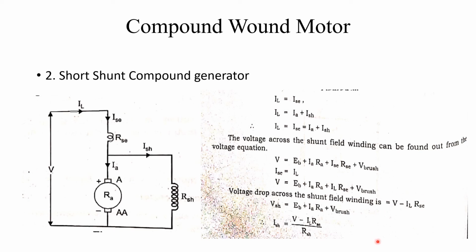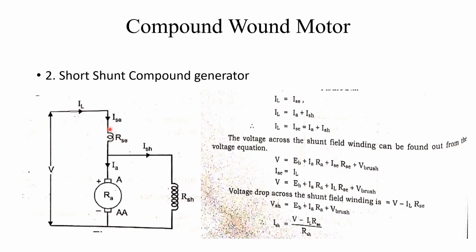Short shunt means that the shunt resistance is in parallel with only the armature, not with RSC, the series winding. It is only parallel with the armature. So here my IL equals ISC because these two are in series.